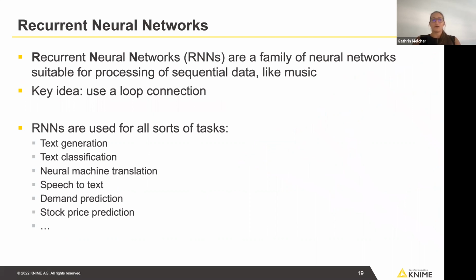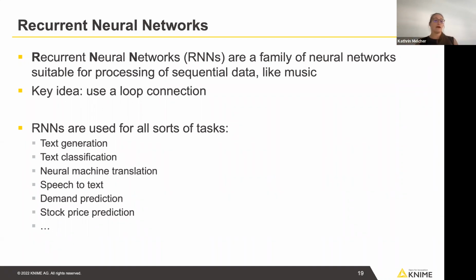And as I mentioned, recurrent neural networks, or RNNs for short, are a family of neural networks which are especially suitable for processing sequential data, like in our case, music. And the key idea of recurrent neural networks compared to other neural networks like feed-forward neural networks or convolutional neural networks is a loop connection.